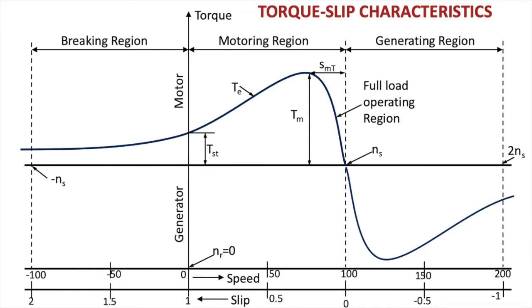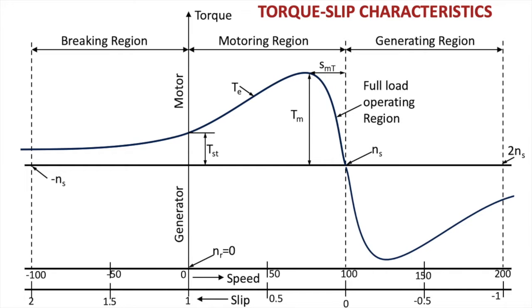Main is the motoring region, where the motor operates between speed 0 to synchronous speed, or the slip varying from 1 to 0, because slip is 1 when the rotor is at standstill or in the starting condition, and at synchronous speed slip will be equal to 0. So the motoring region is from slip 1 to 0, and the speed varies from 0 to synchronous speed Ns. That is our motoring region.